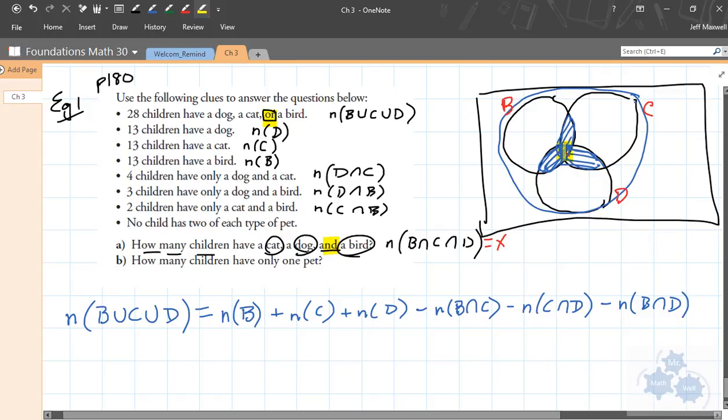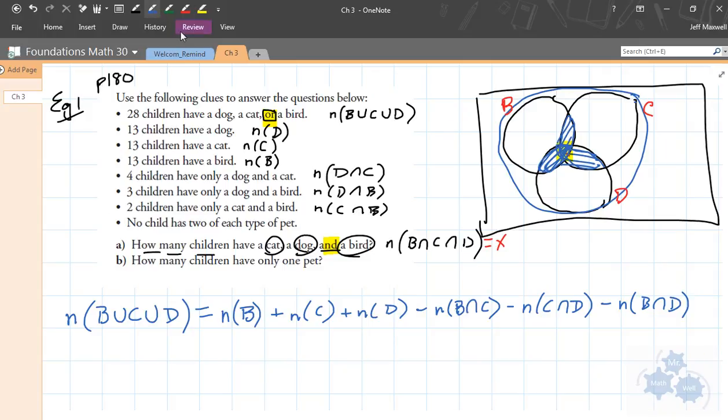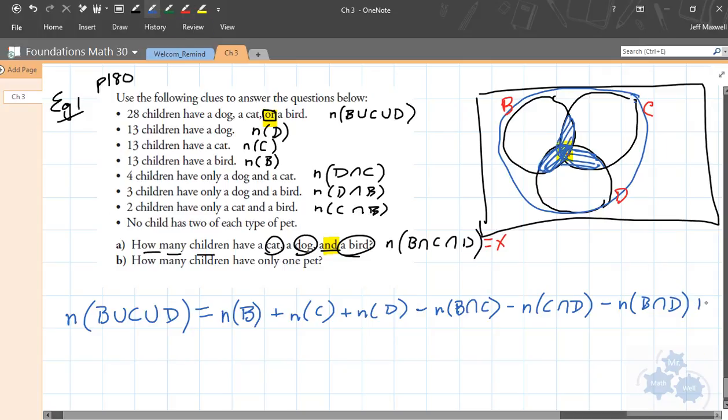We've double counted this, but I've taken it away a number of times. So the final step is that we have to add back in this intersection part. That's where this comes in: the number of B and C and D. We have to add that back in because we've taken it away too many times.